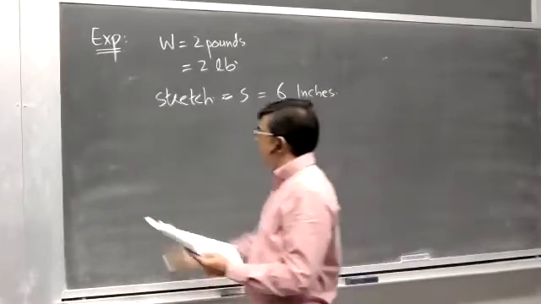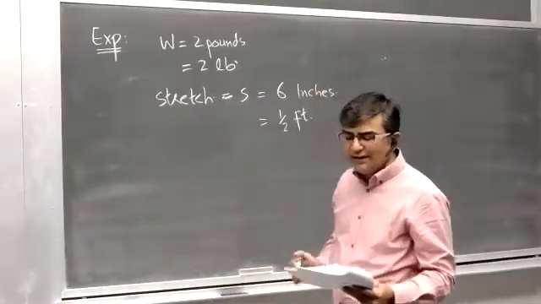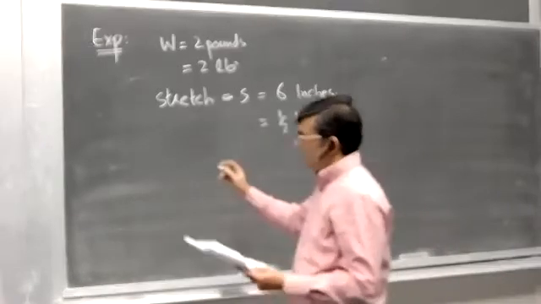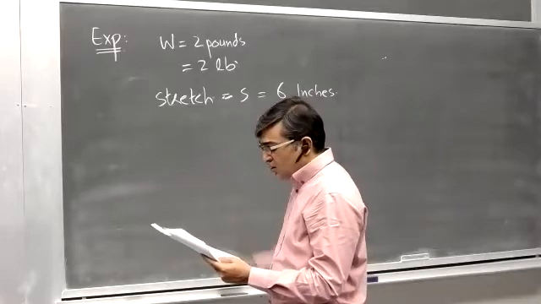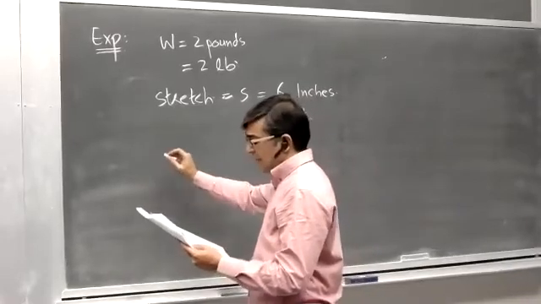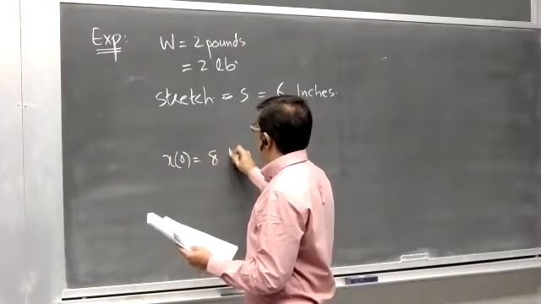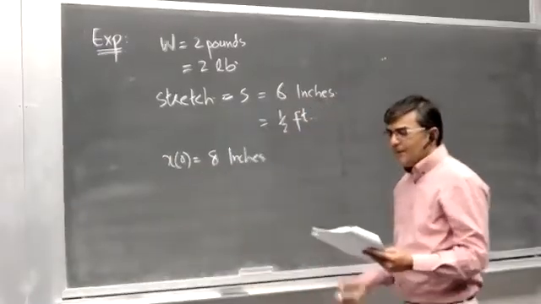At time t is equal to 0, the mass is released from a point 8 inches below the equilibrium position. It means x of 0 is equal to 8 inches. I explained to you what this is.